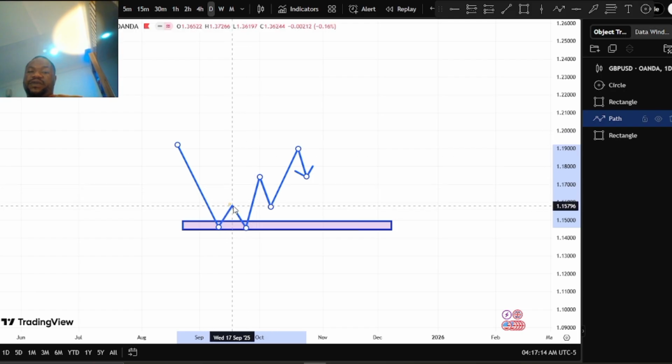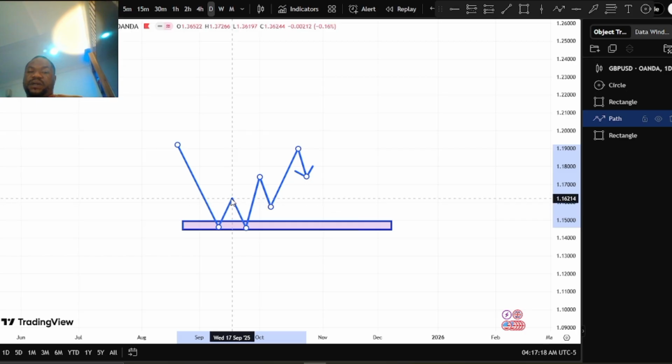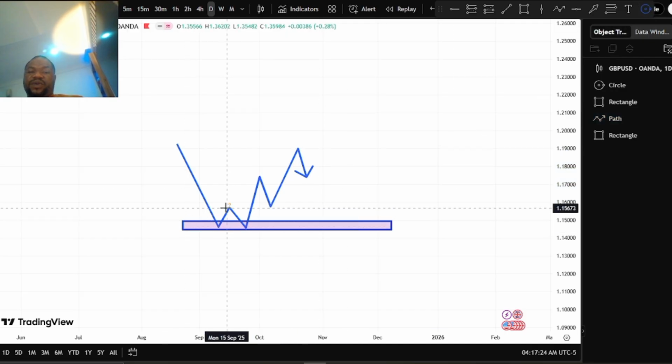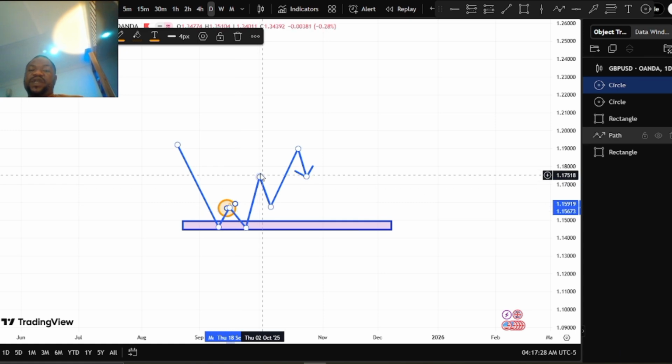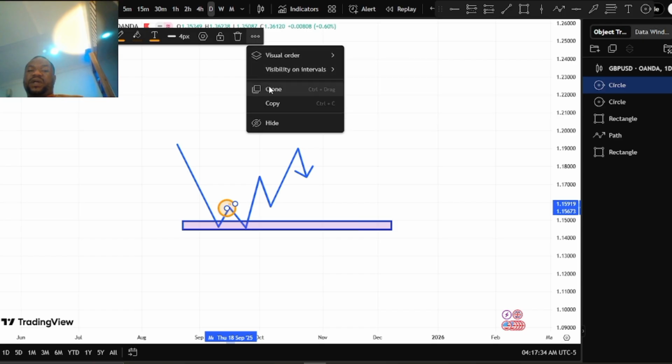I'm trying to give you something to identify this. Okay, so the market came to take this particular high away, okay, this particular point gave us a new high here, okay. At this point it gave us a new high. Let's clone that.